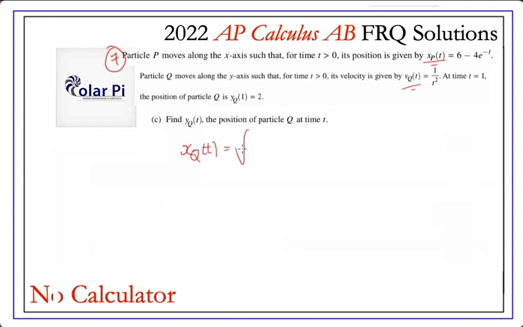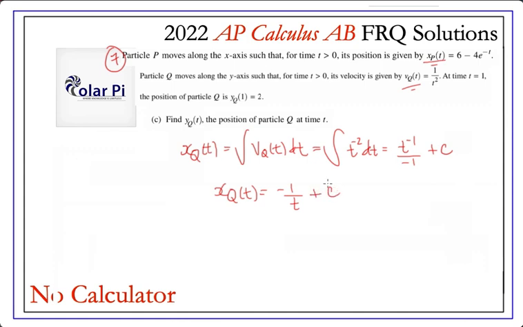First we integrate the velocity function, v_Q of t. That's the integral of 1 over t squared, which is t to the negative 2, dt. So this is t to the negative 1 over negative 1, plus c. So we have x_Q of t equal to negative 1 over t, plus c.